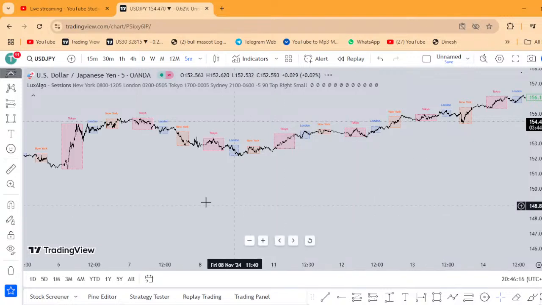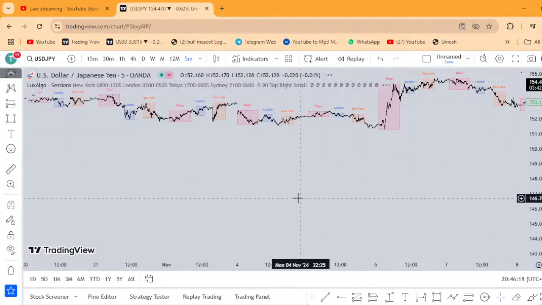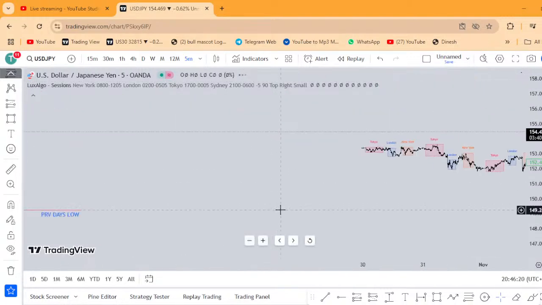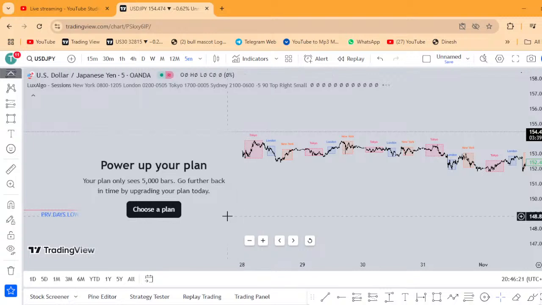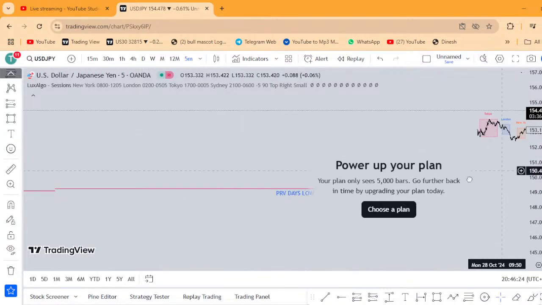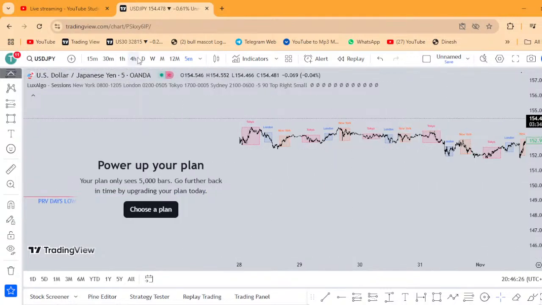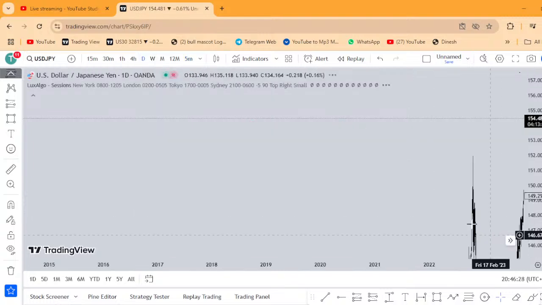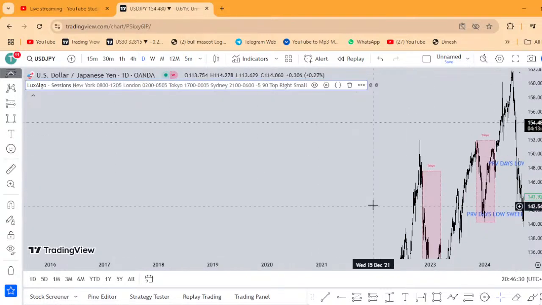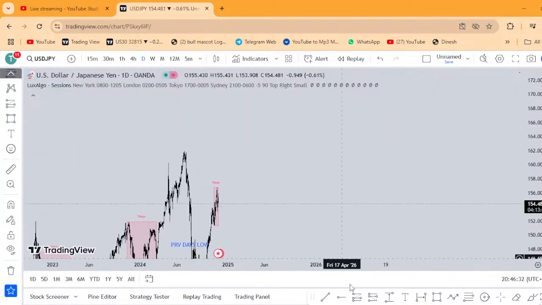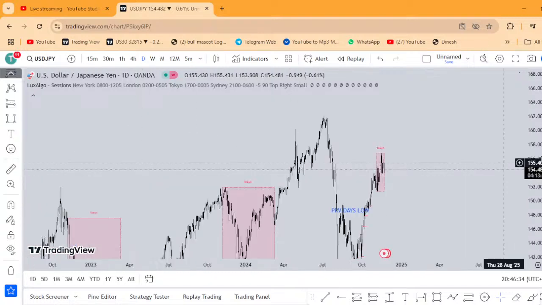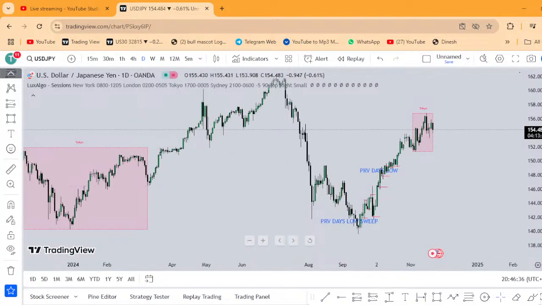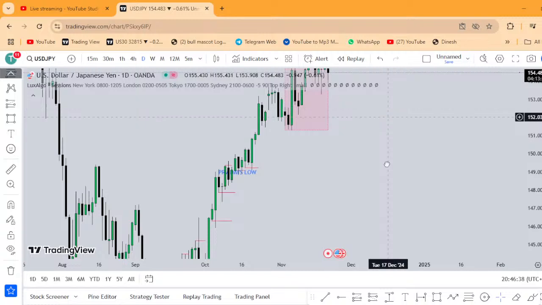So I hope they'll give us the plan. Yeah, our previous day's low is here. Let's get a closer date to the most recent price action. You need to subscribe to get many more candles.